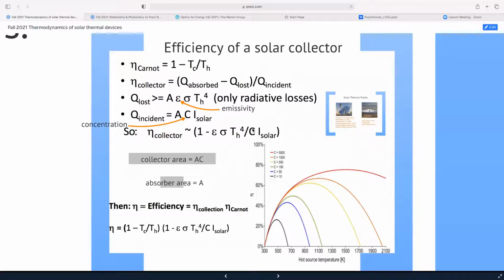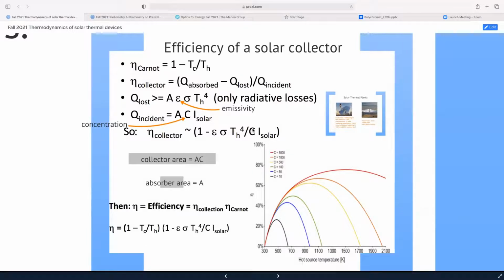The idea is to compute, in the ideal situation, the efficiency of a solar thermal collector. Let's say you design a CPC or parabolic concentrator, whatever, it doesn't matter, we're going to abstract it out. Let's try to calculate it. What are the different terms that come into play?